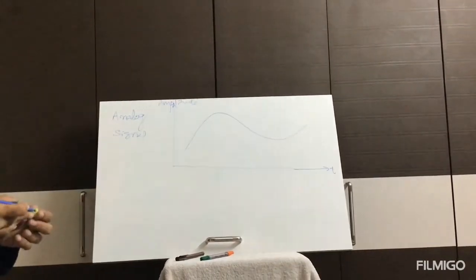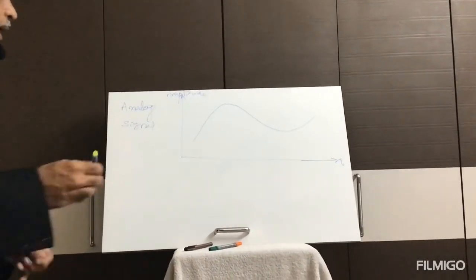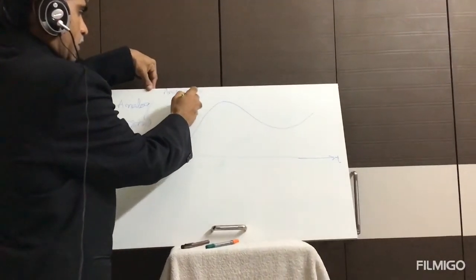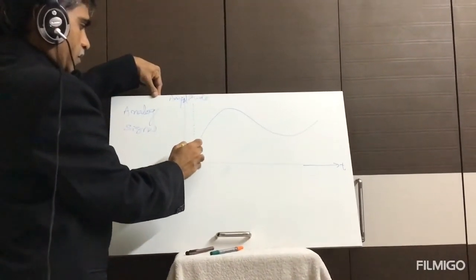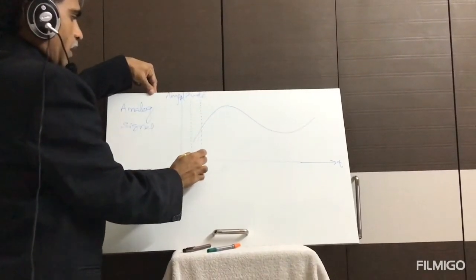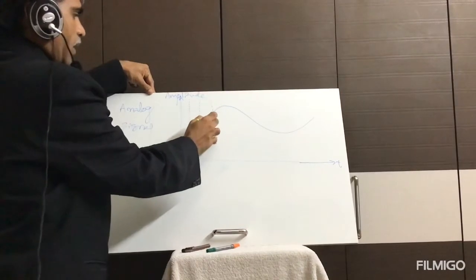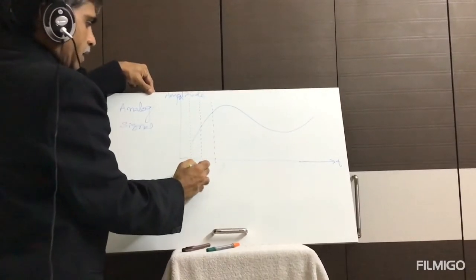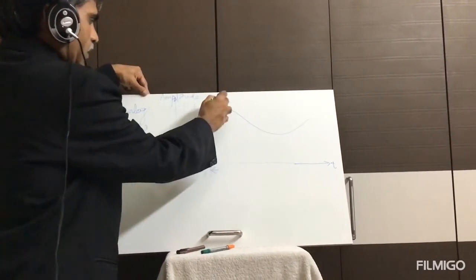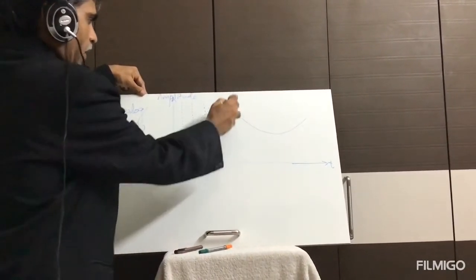Say a continuous signal, and now we will divide this time axis into so many intervals, where each interval is going to be named as TS, that is the sampling interval.